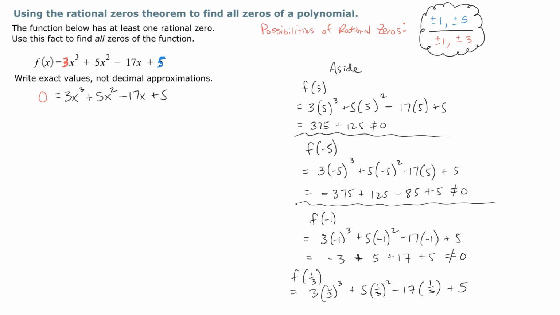Looks like we're going to need a common denominator of 9. So I am going to multiply things by 3 over 3 here, and then 9 over 9 here. Let's see what we get.